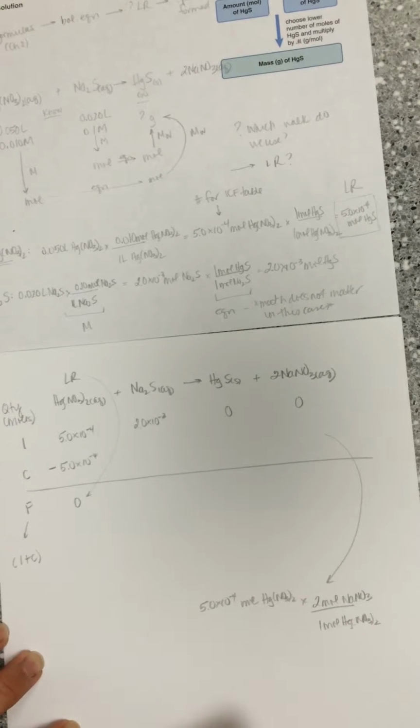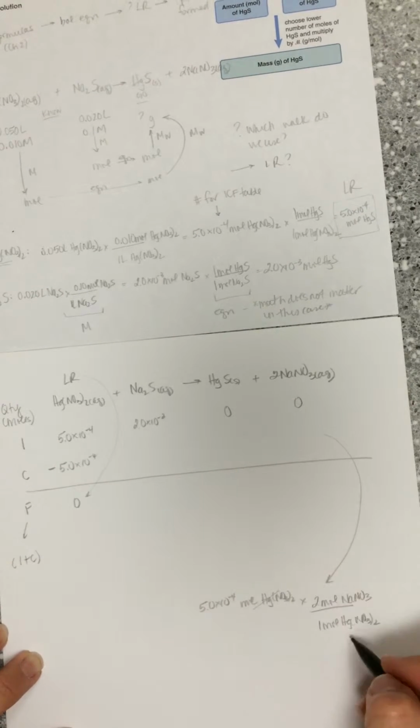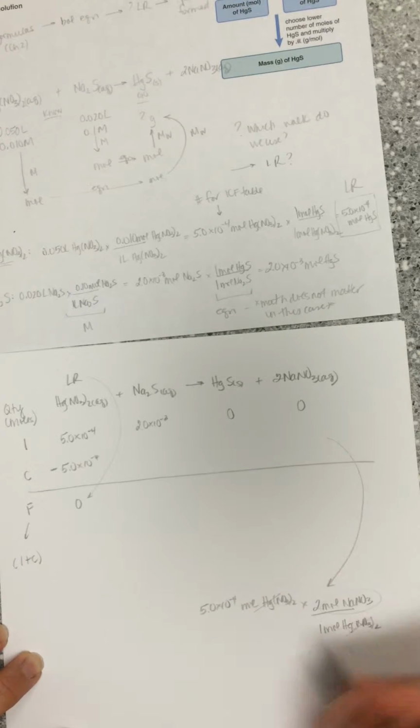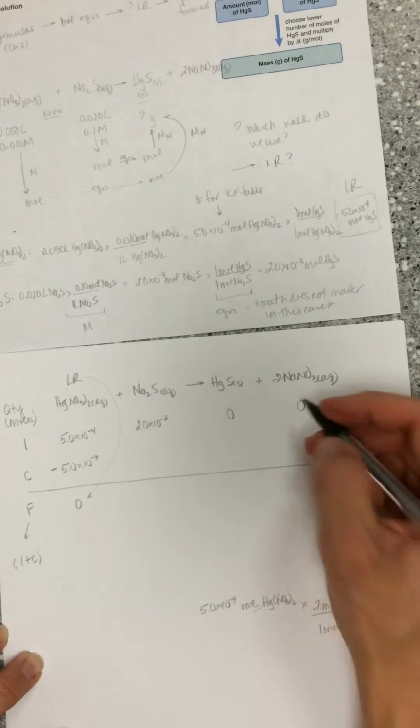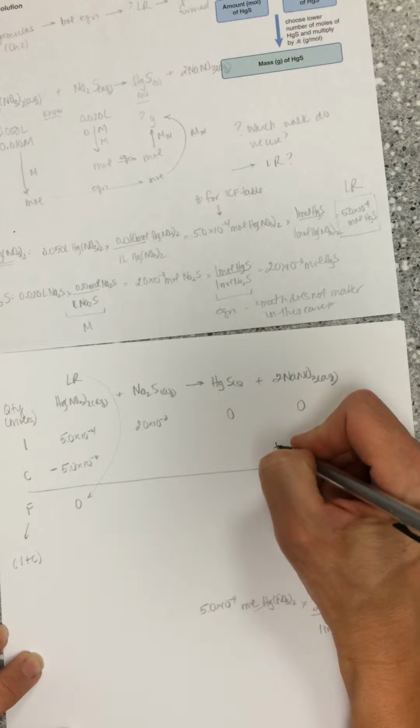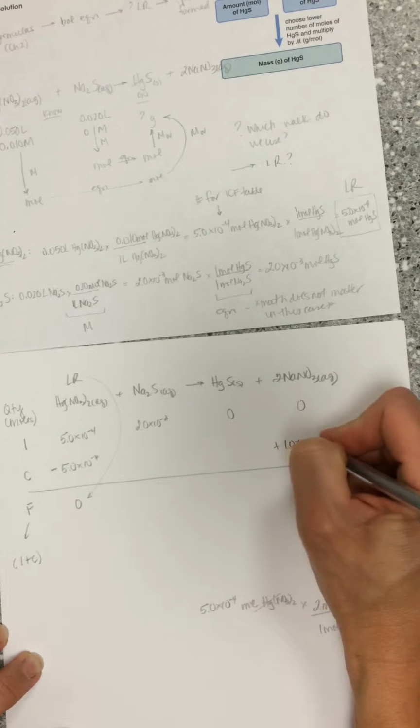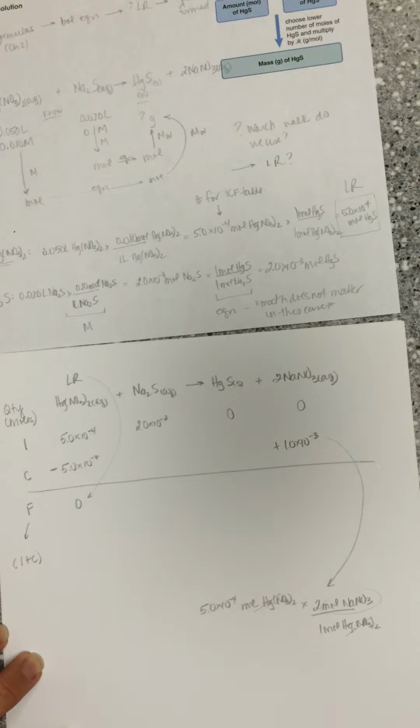That's how we changed who we're talking about here. Moles of mercury nitrate go away. We're left with moles of NaNO3, and it's going to be twice this value. So that's how we get a value of 1 times 10 to the minus 3rd here.